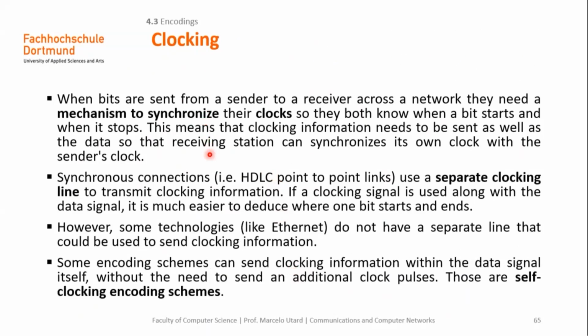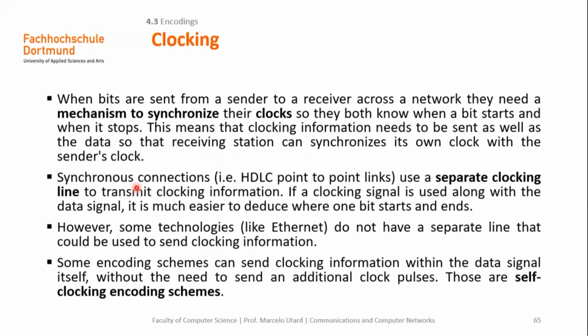Then in a very long bit stream, on the receiver side we could make an error in the detection of the bit stream. So they both know when a bit starts and when it stops. This means that clocking information needs to be sent as well as the data, so that the receiving station can synchronize its own clock with the sender's clock.